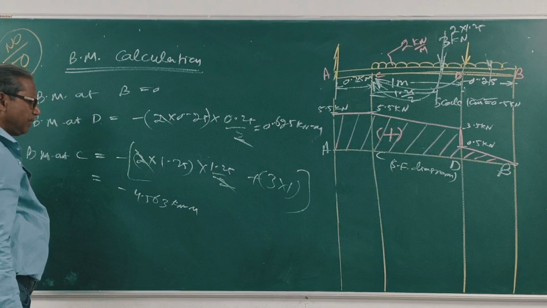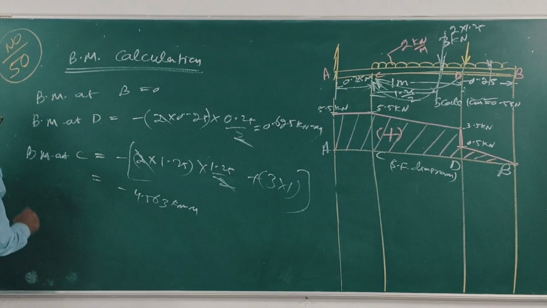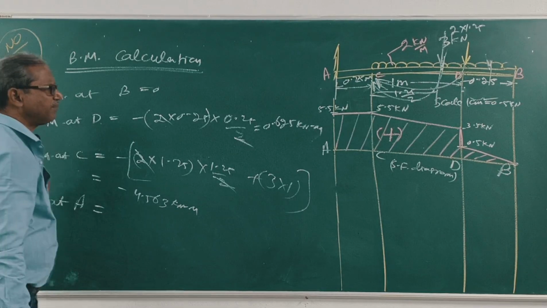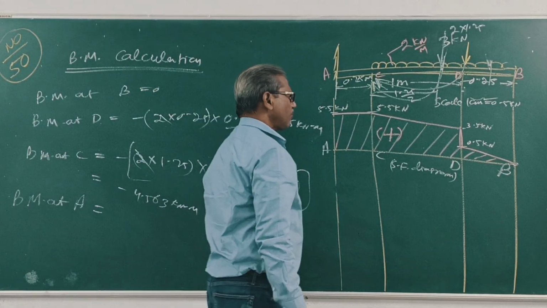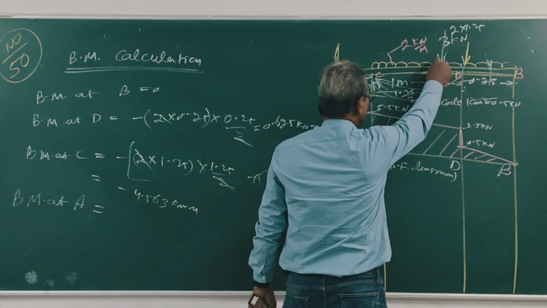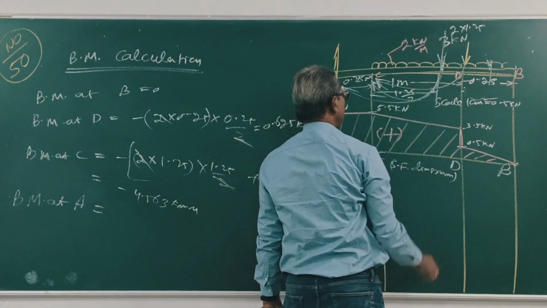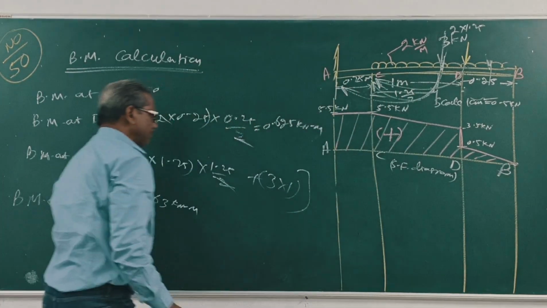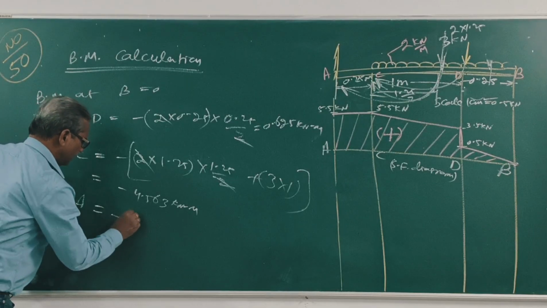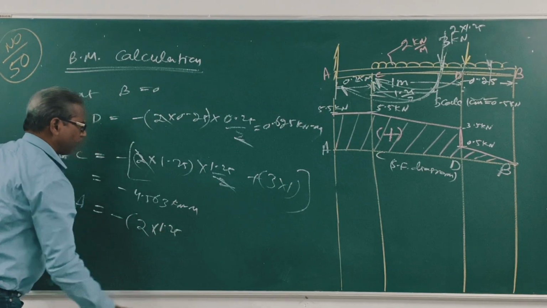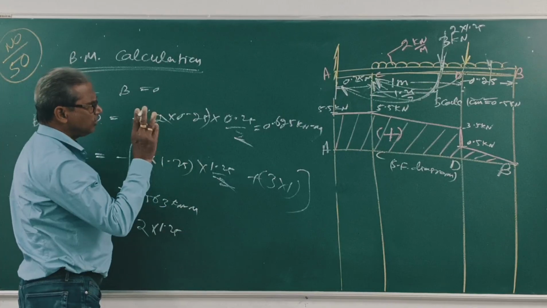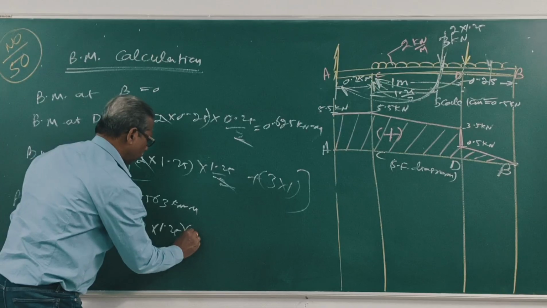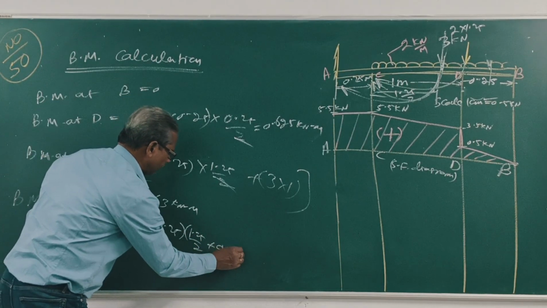Then bending moment at A, this point A. Now the total load is 2 into 1.25, into this 1.25 by 2 plus 0.25. Clear? Minus 2 into 1.25 load into 1.25 by 2 plus 0.25.